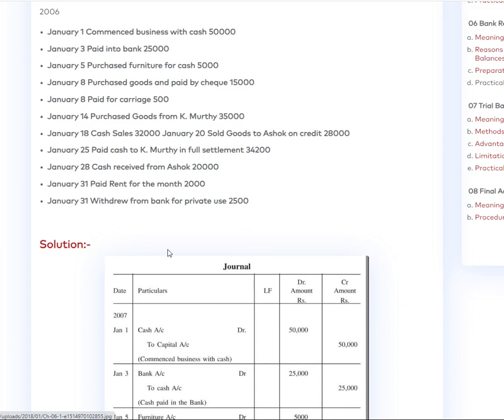Next, on January 31st, another transaction has happened. Withdrew from bank for private use or personal use, that is drawings only. The owner has not specified it, but still it is withdrawn from the bank for personal use. It is directly a form of drawings.